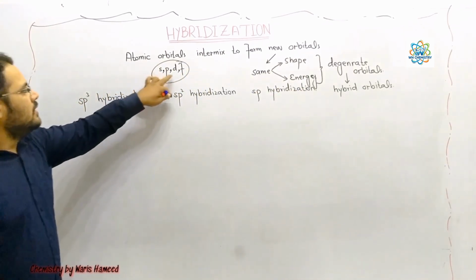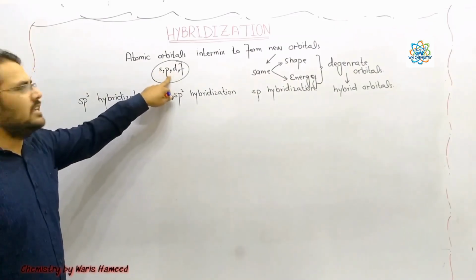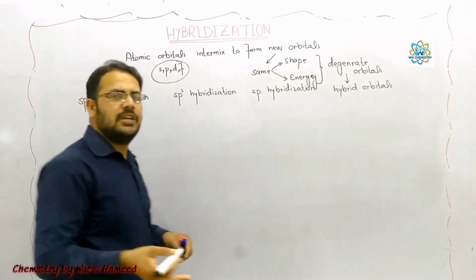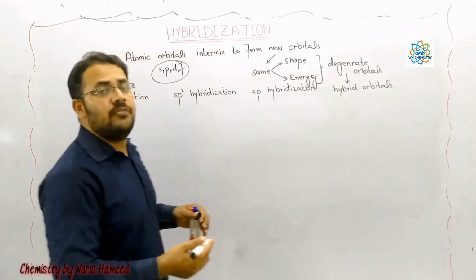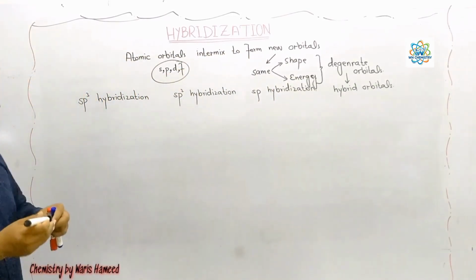Fourth may be d2sp, d2sp3, dsp3 hybridization, and f may also be involved in the hybridization process.